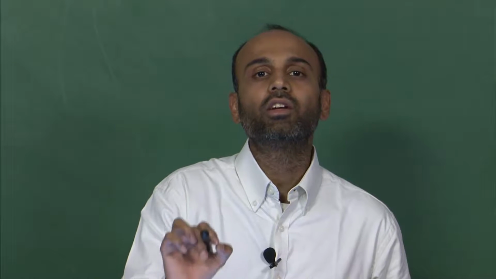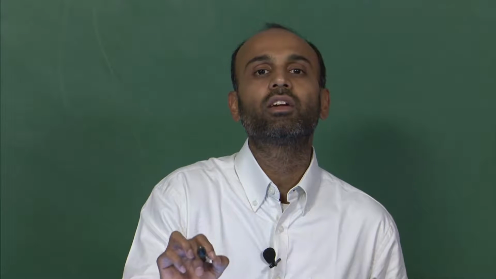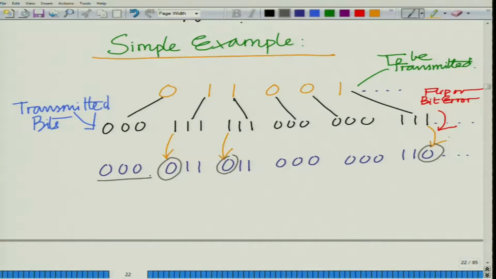If the zeros are in a majority, then assign a 0; if the ones are in a majority, then assign a 1. For instance, here we have 3 zeros, so this will obviously be a 0.